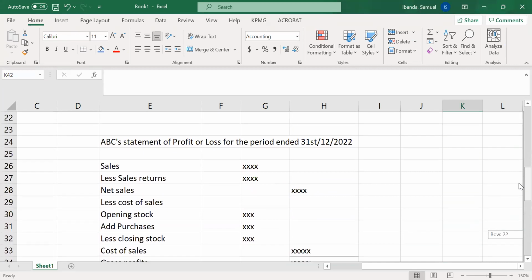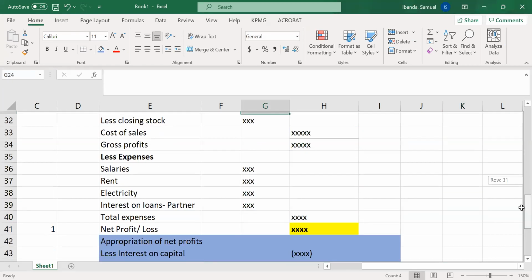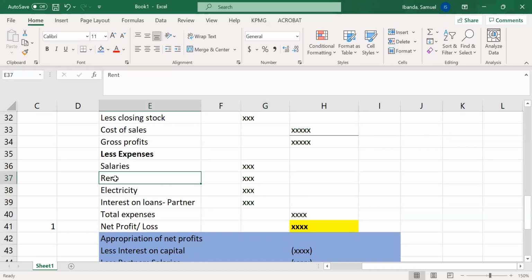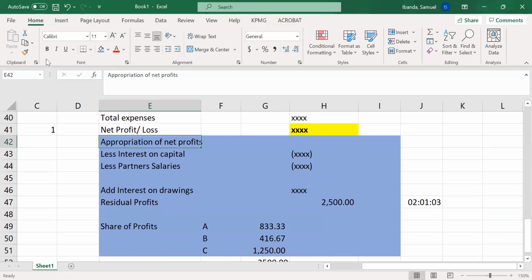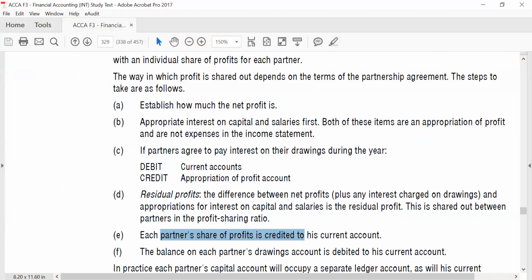You'll do exactly everything the way it is, even for depreciation. You'll do depreciation, you put it there the normal way. And the only difference will come when you come to the appropriation of profits. So that is what we have to understand there.